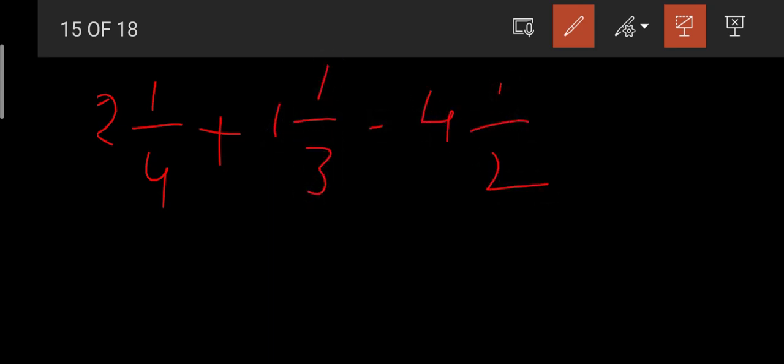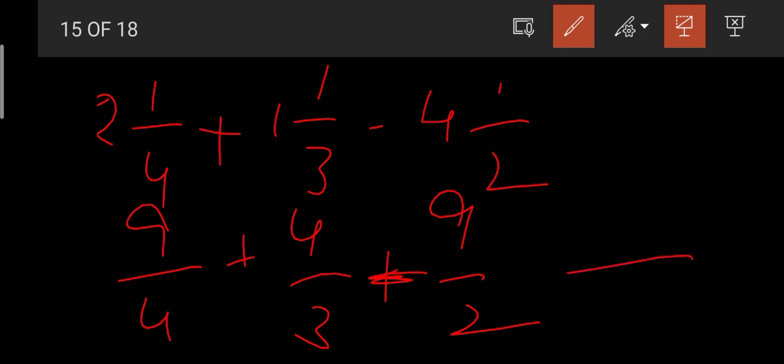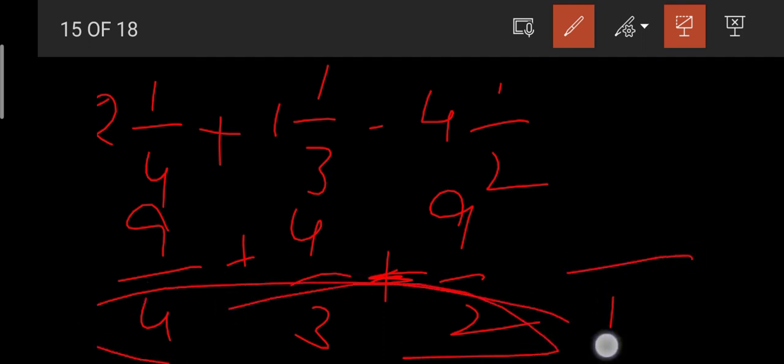Okay, if we take this, 2 4s are 8, 9 by 4 plus 4 by 3 minus 9 by 2. Okay, if we take the LCM, what will be our LCM? 4, 3, 2. Our LCM will be 12, isn't that?